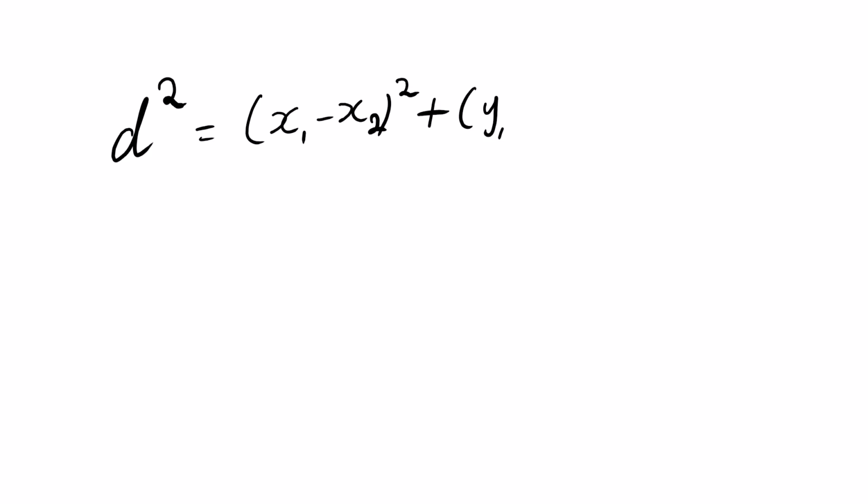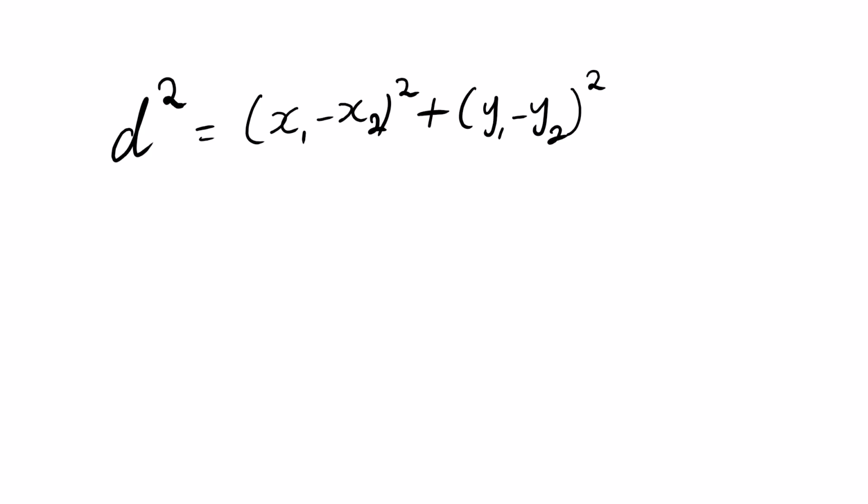So the equation is d squared, which is the distance, is equal to the x coordinate of point A or point 1 minus the x coordinate of the second point, all squared, plus y coordinate of the first minus y coordinate of the second, all squared.